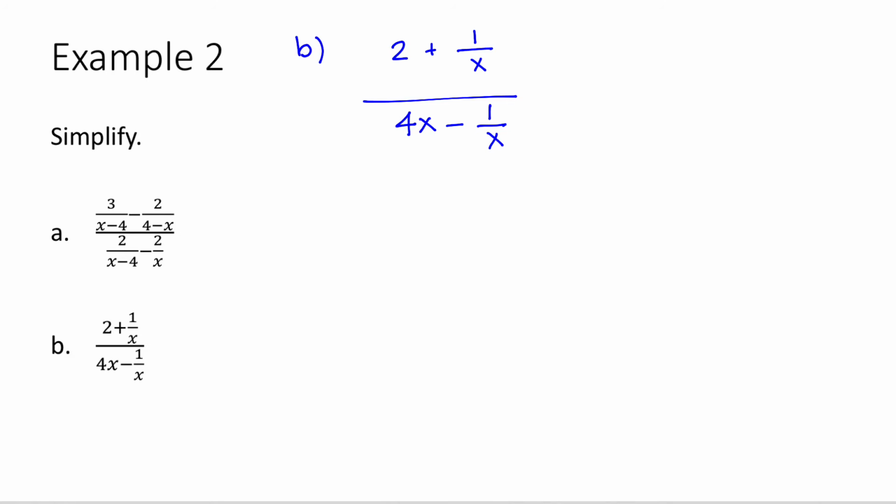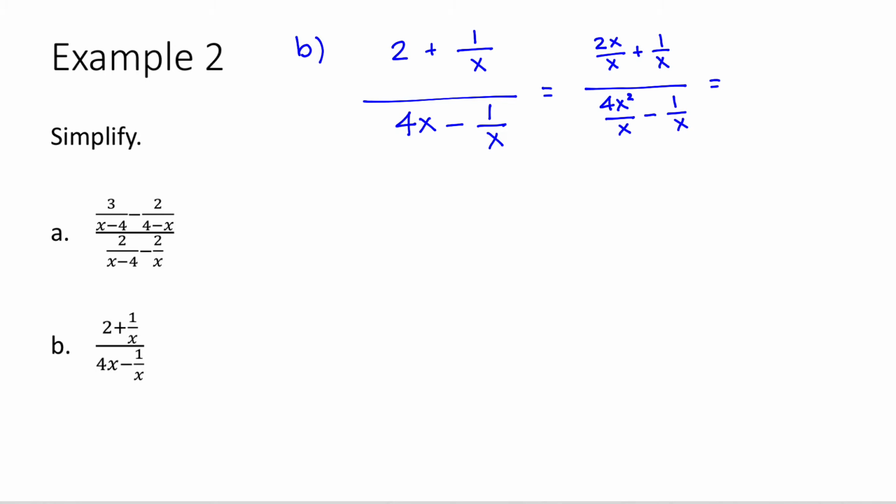And to combine this into one fraction in the numerator, I'm going to get 2x over x plus 1 over x. In the denominator, I also need x as the common denominator, so that's going to be 4x squared over x minus 1 over x.